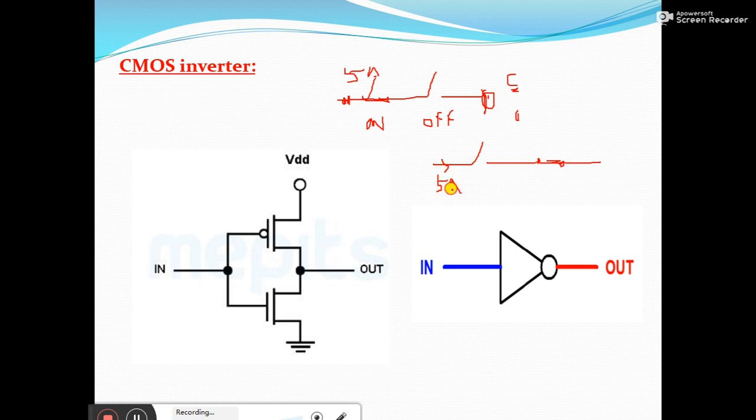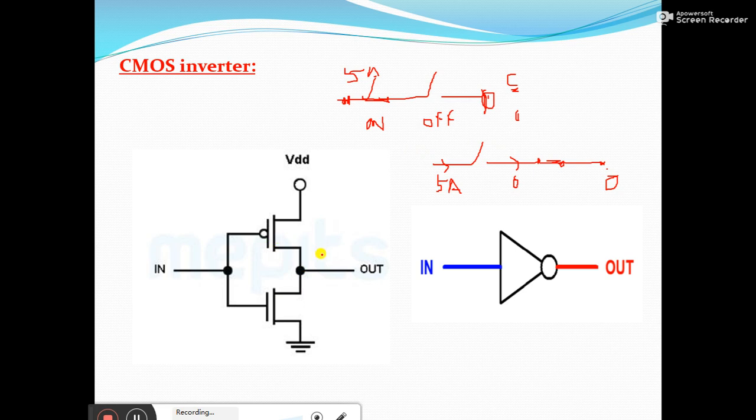As this circuit is not continuous, it is broken down here. 5 ampere may come till here, but from here onwards 0 ampere current will flow, and if you measure the current output here, again it will be 0. So during the static condition, whenever the output is 0 or whenever the output is 1, one of these switches will be in on condition and the other switch will be in off condition.